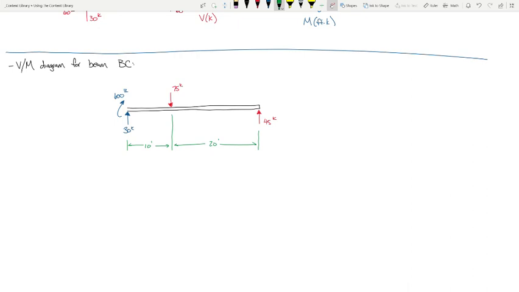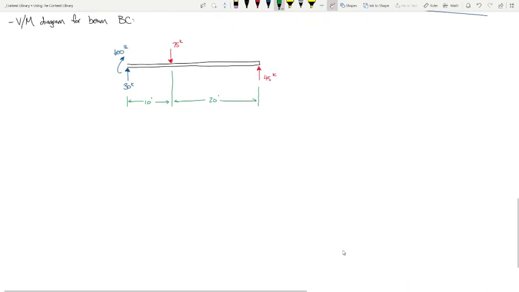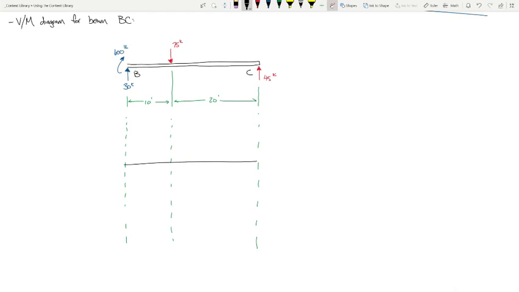Okay, so this one is just the same as before. Again, I'll label my joints just to make sure that when we plot our diagrams, we're going in the proper order. So we'll start at 0, and I think we can walk through this one pretty easily.